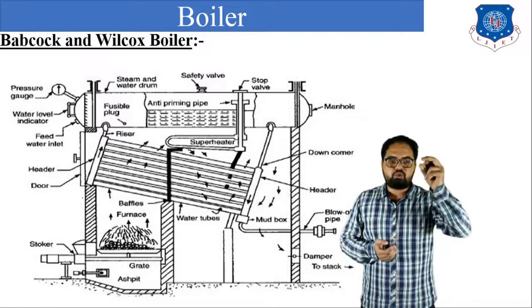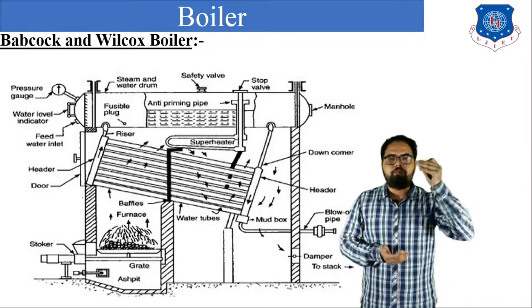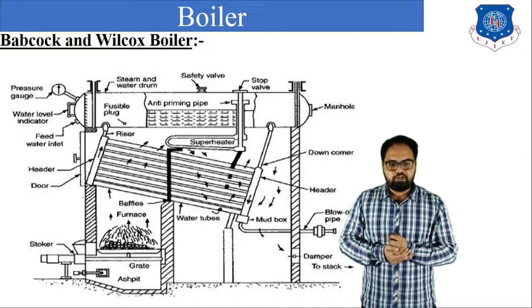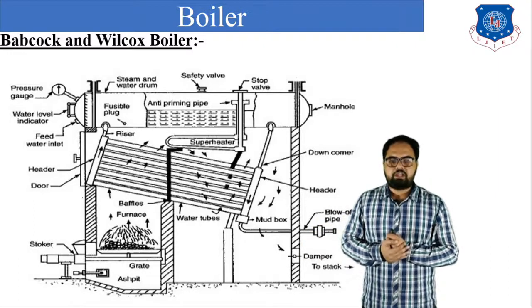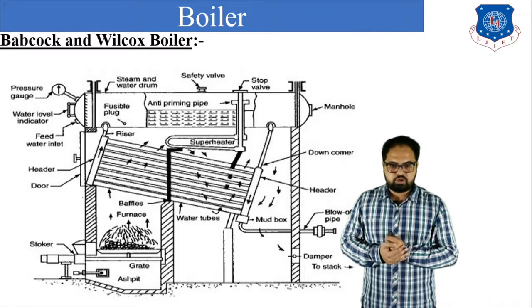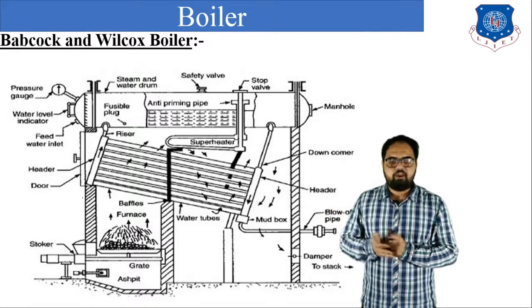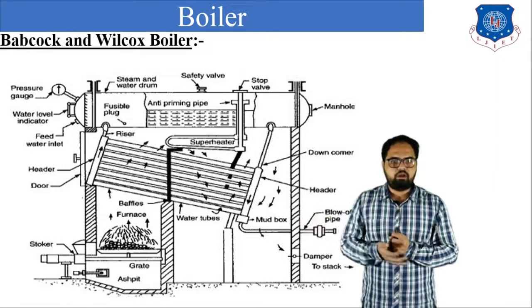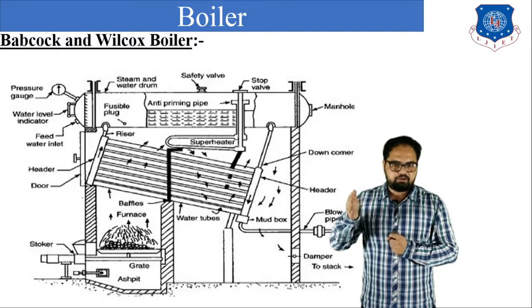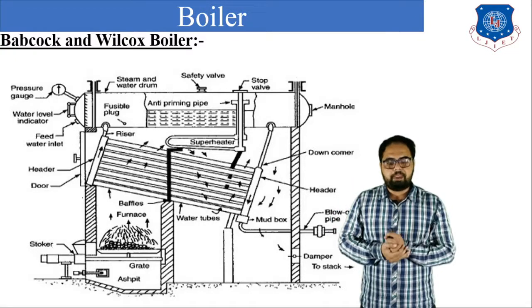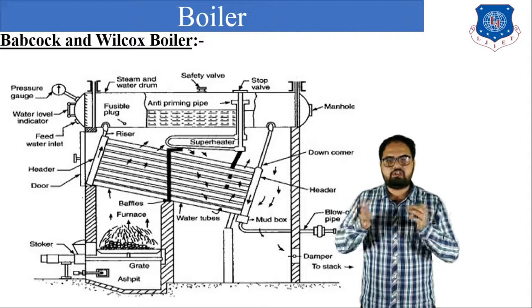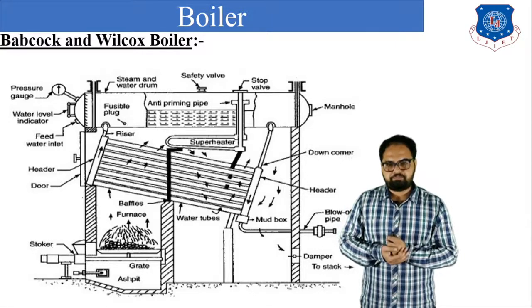A superheater is also installed at the top of the inclined water tubes. At the lowest portion, a grate, or we can say a furnace, is installed. A stoker mechanism is there to supply the coal to the furnace. Feed check valve, water level indicator, steam stop valve, safety valve, and feed manhole, all these things are installed here.